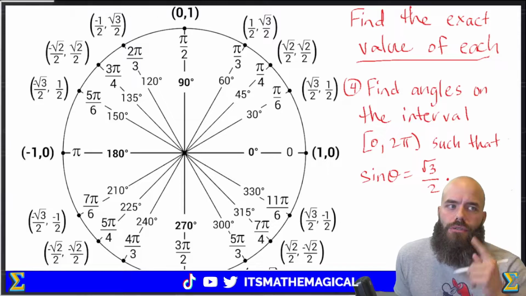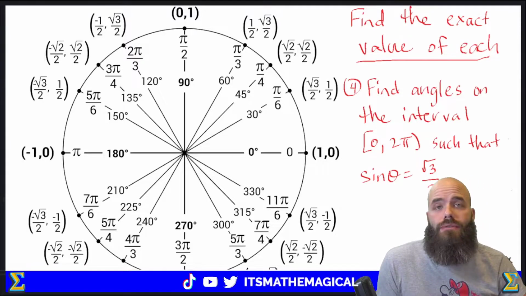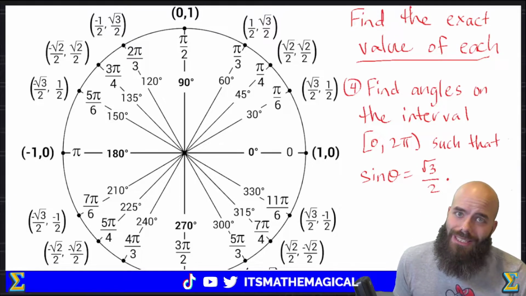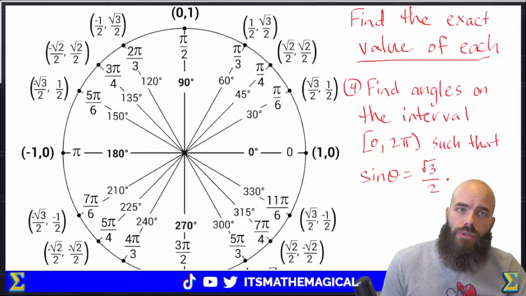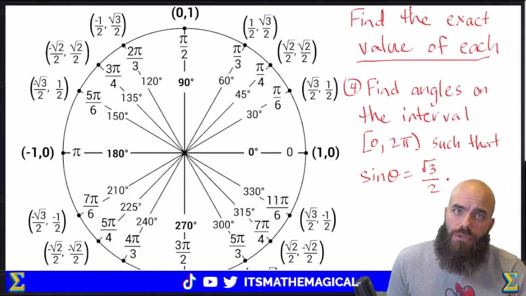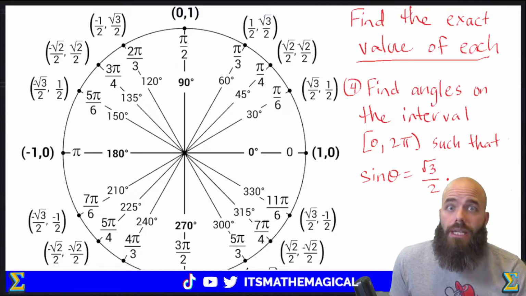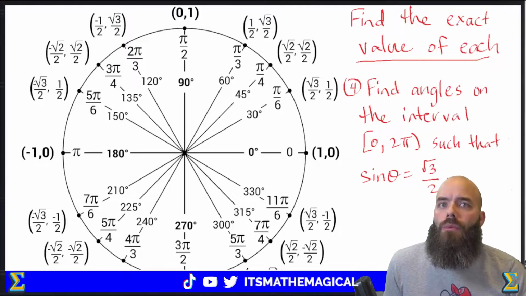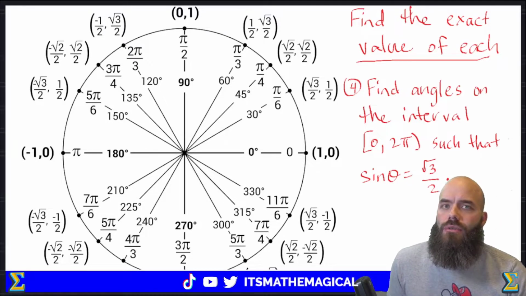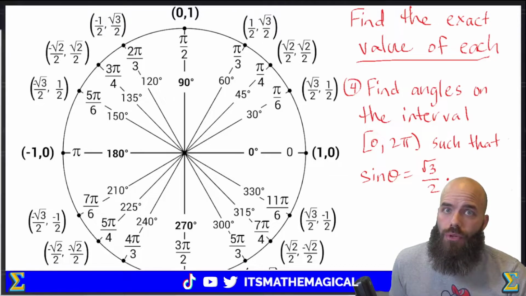What if you're asked to do something like this? Find angles on the interval 0 to 2 pi such that sine of theta is equal to √3/2. We're still going to use the unit circle, but this time we're going to use it in reverse in a way. What we want to do is look on the unit circle and find at which coordinates the y value is √3/2.